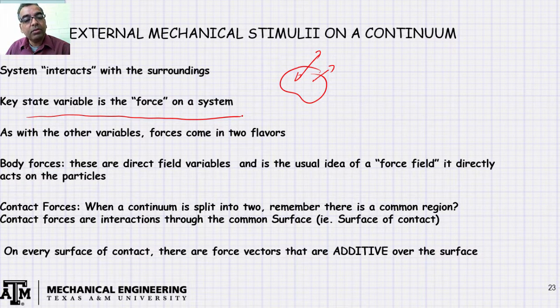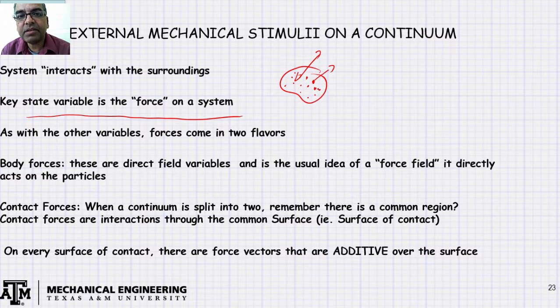Okay. Now, as with the other variables in a continuum, force comes in two flavors. Field variables are direct body forces, like gravity and things like that, which act on each particle directly. It's always problematic to think about gravity and other things that way, but that's how we are going to think about it.